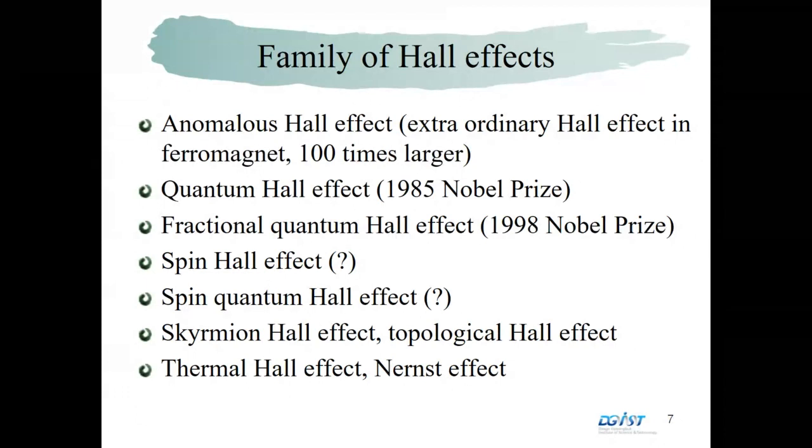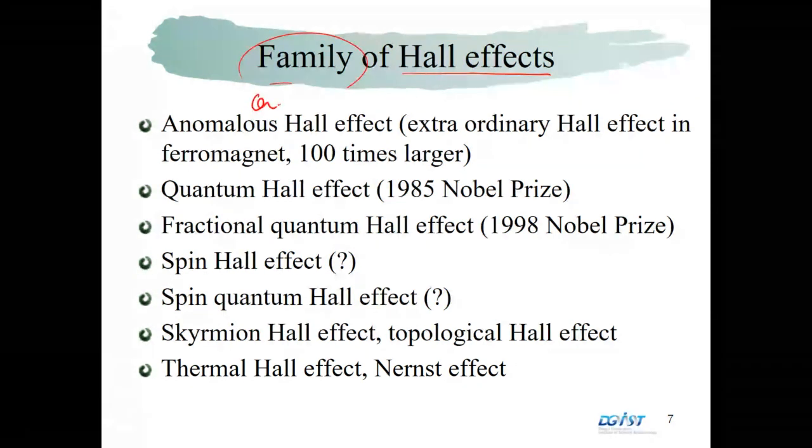Okay, so the Hall effect is very important in many areas of science and applications, and there are many kinds of Hall effect. We call it the family of the Hall effect. The previous one is called the ordinary one.